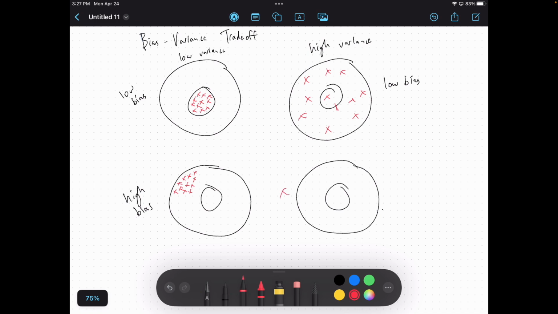And then I could be right all over the place here. And this would be high bias and high variance.